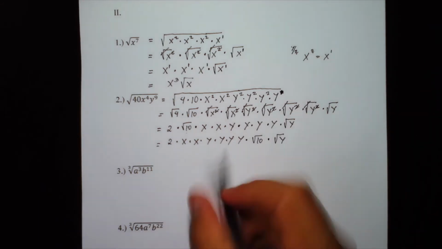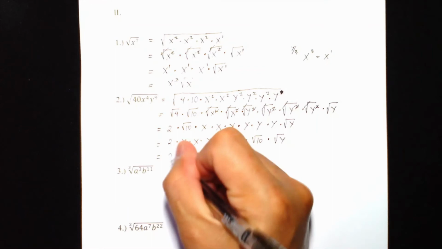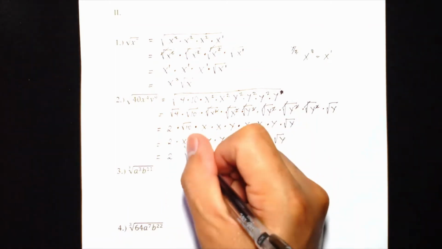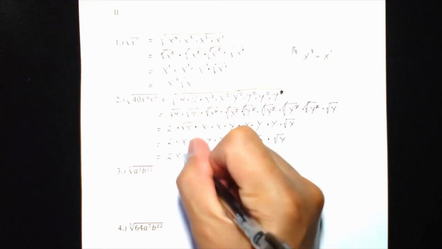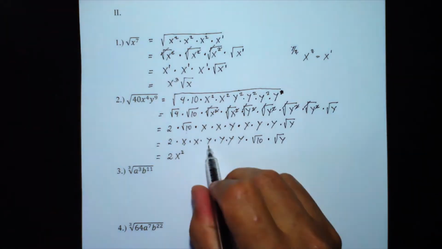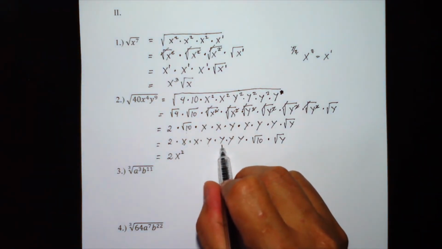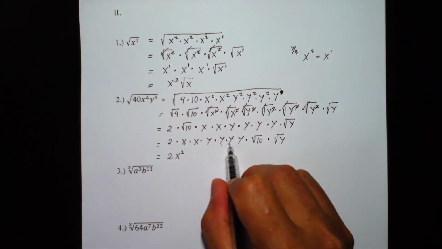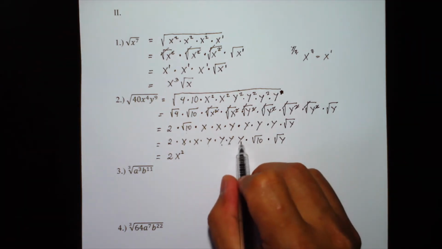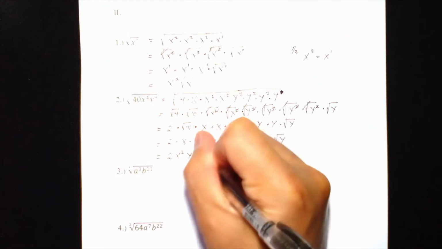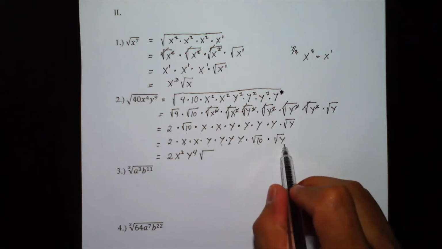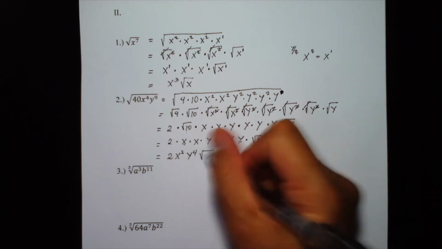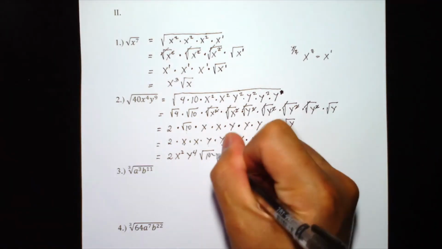So if you multiply this one, the result will be 2. So x times x, that will be x squared, y times y, that will be y squared, times y, that is y cubed, times y, that will be y raised to 4, square root of, okay, we multiply this one, that will be 10 times y, that will be 10y.